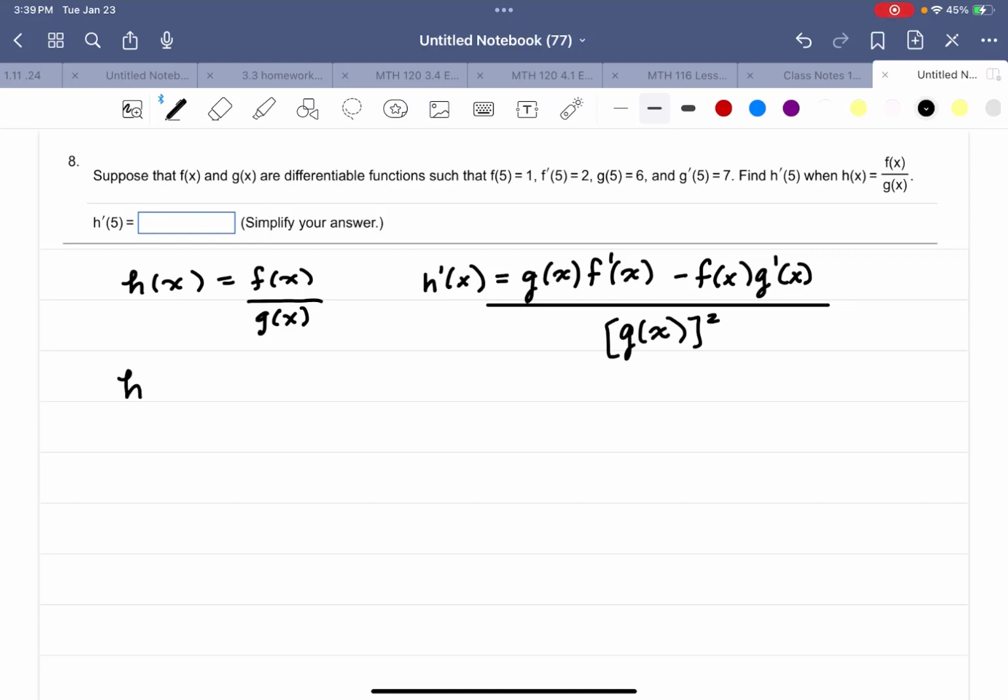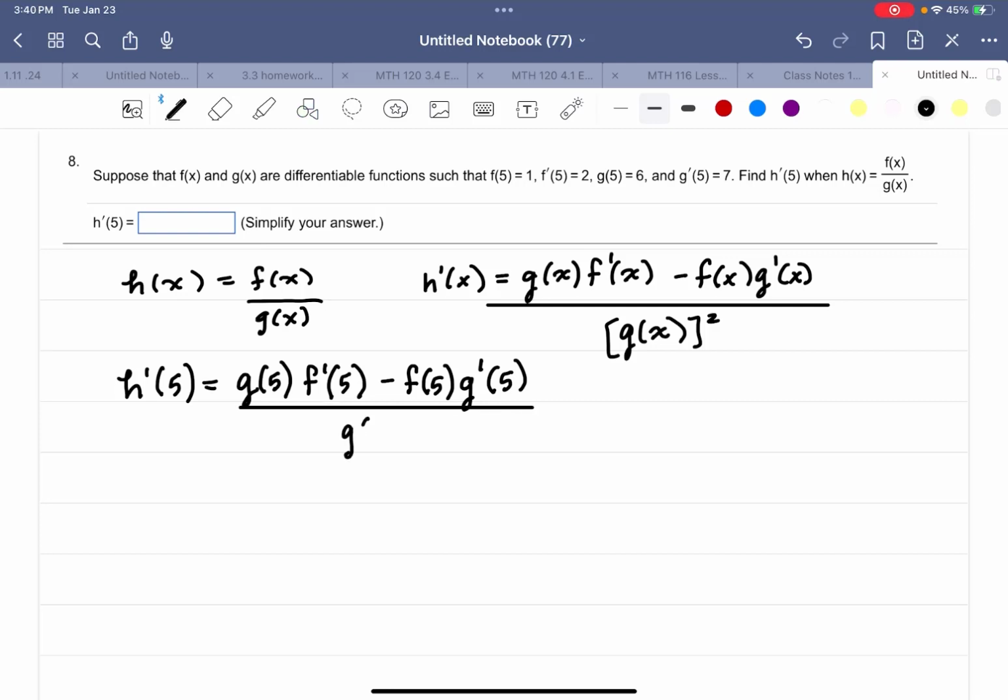So h prime of 5 is going to be the denominator at 5 times the derivative of the numerator, so f prime of 5, minus the numerator at 5 times the derivative of the denominator at 5. And again, all of that over the denominator at 5 squared.